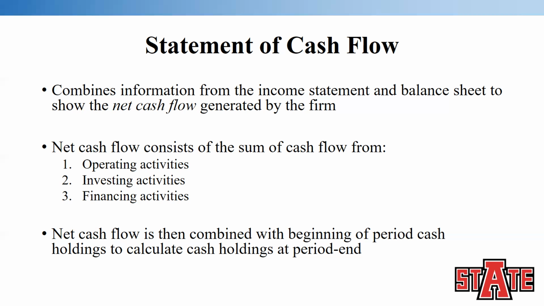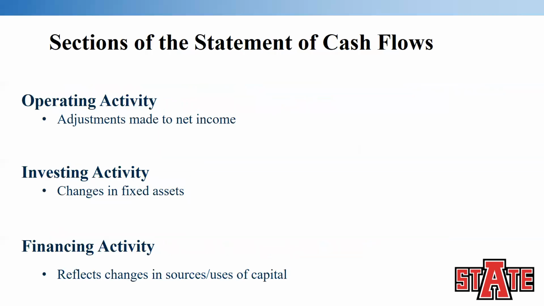What's going to change those cash holdings to the next year's is simply net cash flow. If net cash flow is positive, cash holdings are going to build. If net cash flow is negative, cash holdings are going to shrink. And we know that cash holdings are an important indicator of firm liquidity, that is, the ability of our firm to meet its financial obligations when they're due.